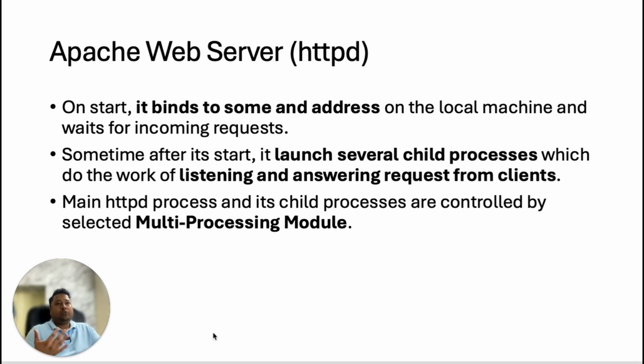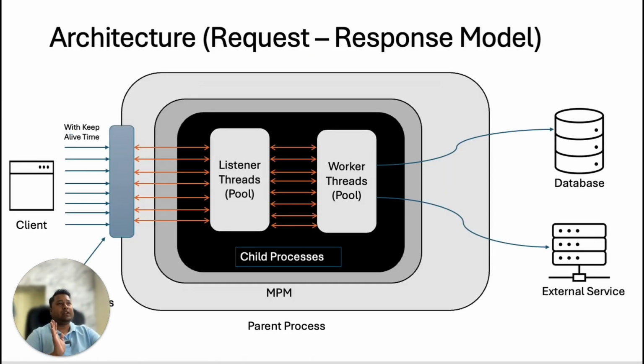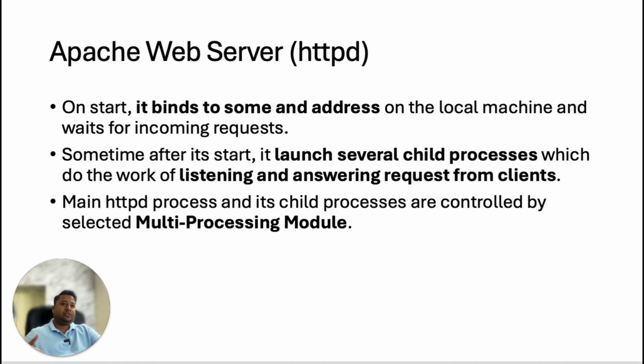When you start your Apache Web Server, it starts listening on a port. Let's say that particular port is 80, which is the port for HTTP. Now it will bind itself. I have prepared a few slides. This is the final slide where we will discuss the whole request and response model, but let's deep dive slowly.